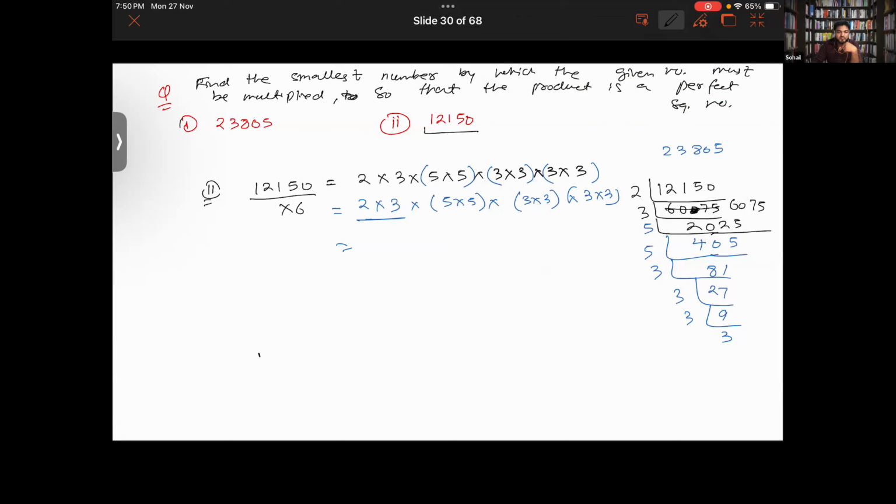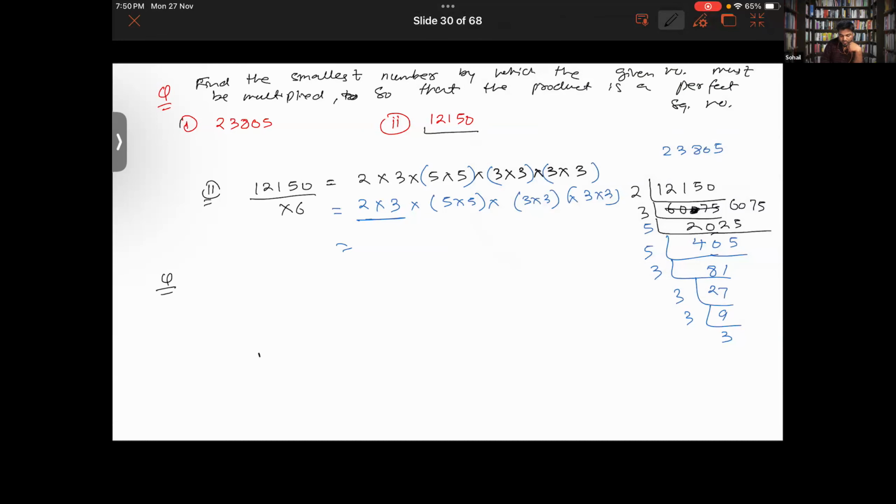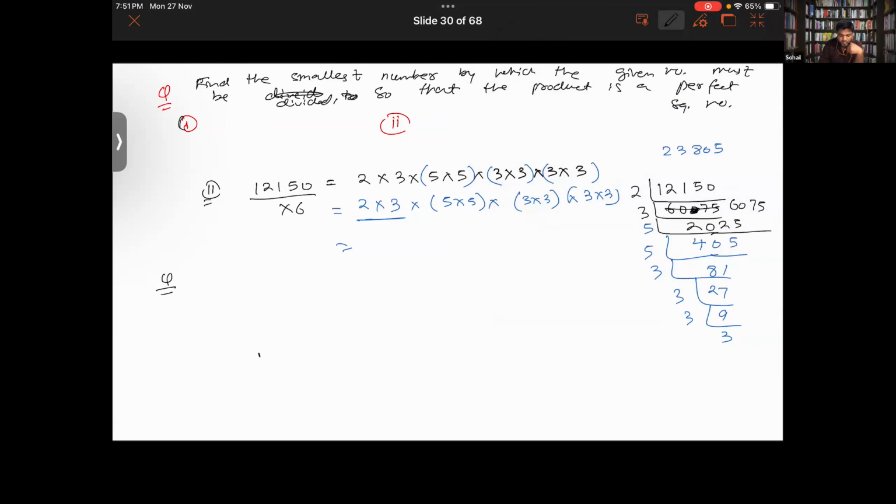So can you give us another question? If you guys like to solve some more questions, then let's take some more. Now take a question in which you have to find the smallest number by which the number should be divided. Same question, simply you have to divide.